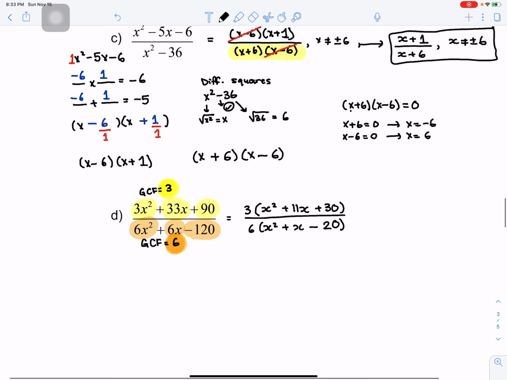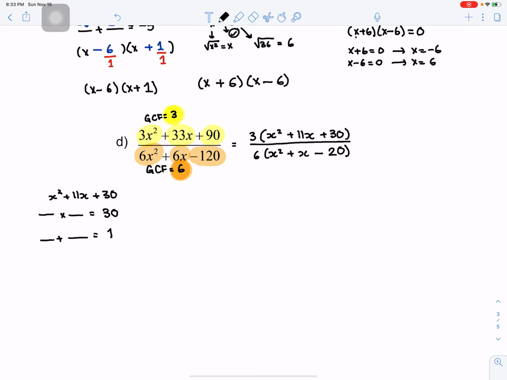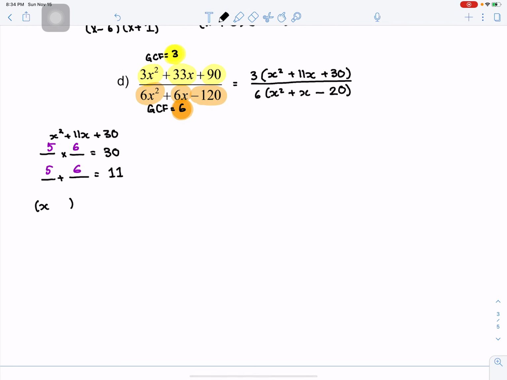Now I need to factor the top and factor the bottom. So I need x squared plus 11x plus 30. Two numbers to multiply to 30 times 1, which is 30, and the same two numbers to add to 11. My numbers are 5 and 6. Again, I'm going to do the swing method because I find it faster, or you can use the box method.